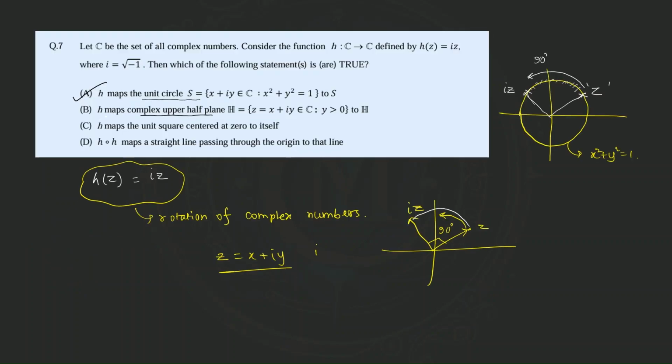So this plane after the transformation will look like this, and this is H dash, the image of H. The statement that h maps the complex upper half plane H to H itself is not correct, because these two planes are different.